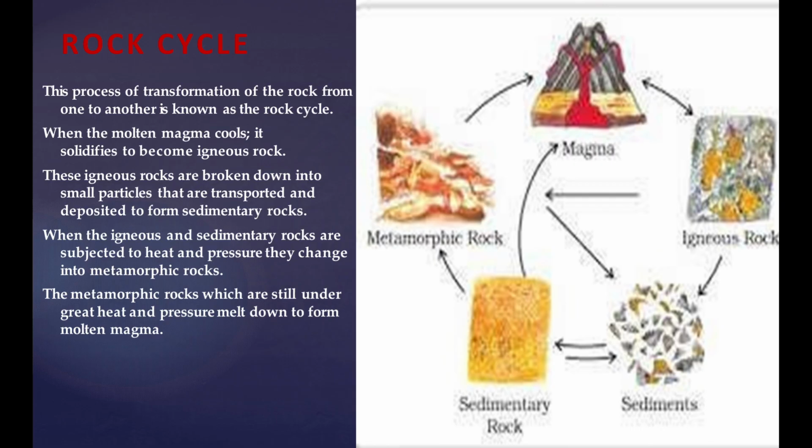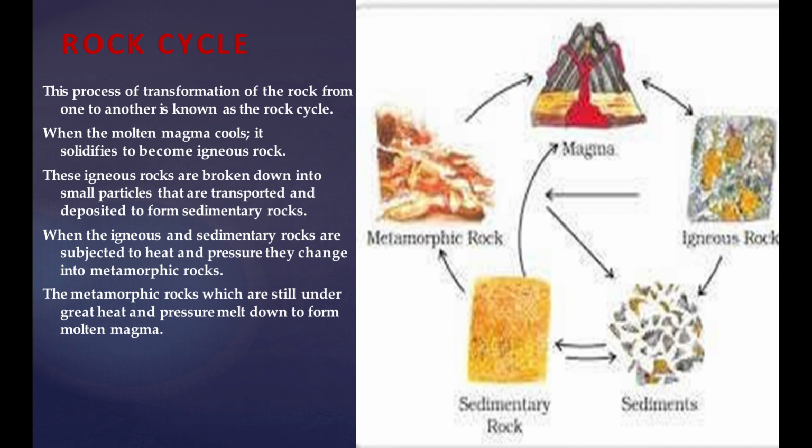Let us come to know about the rock cycle. Dear students, the change of one type of rock into another type of rock under certain conditions in a cyclic manner is known as the rock cycle. Rocks of one type get converted to another type.